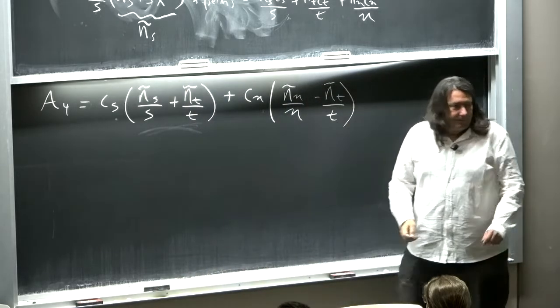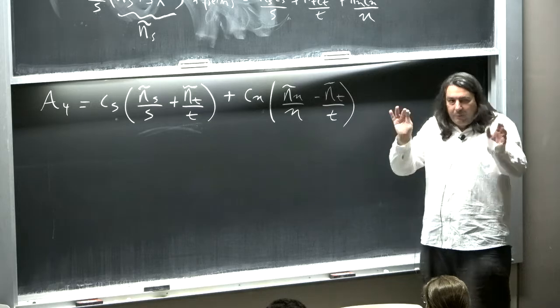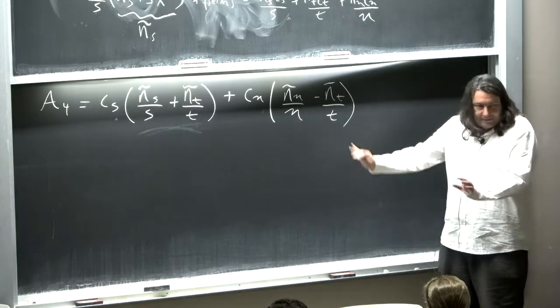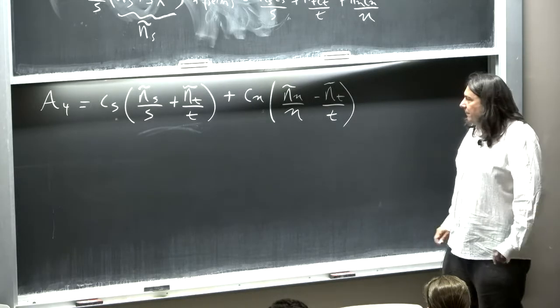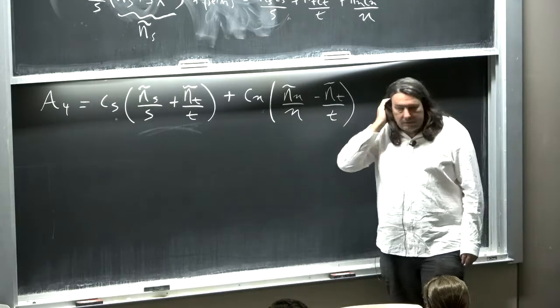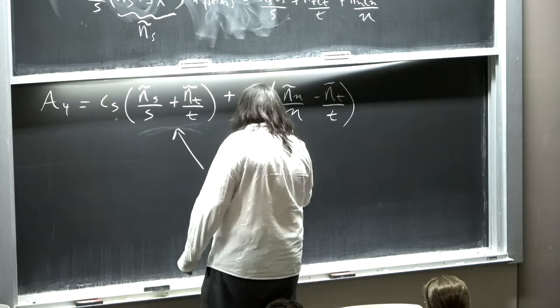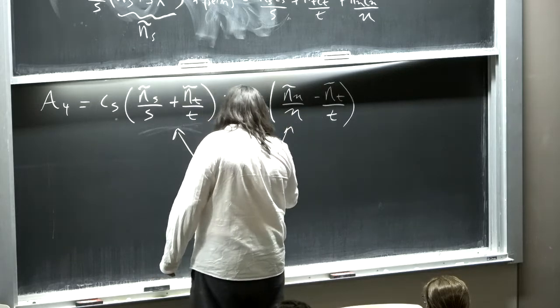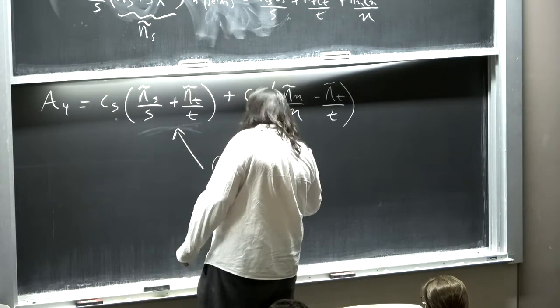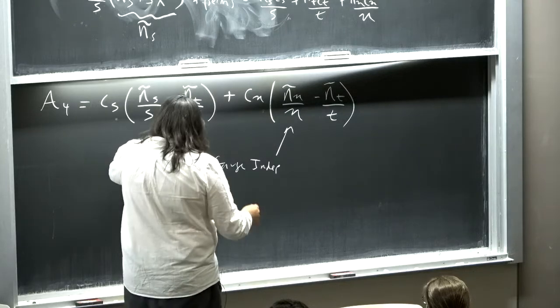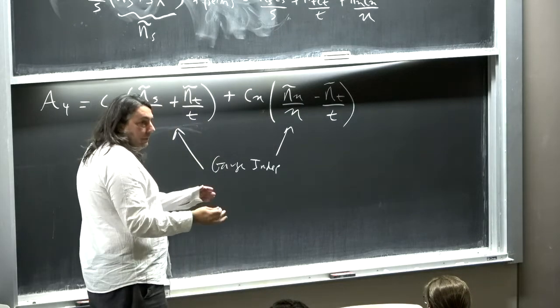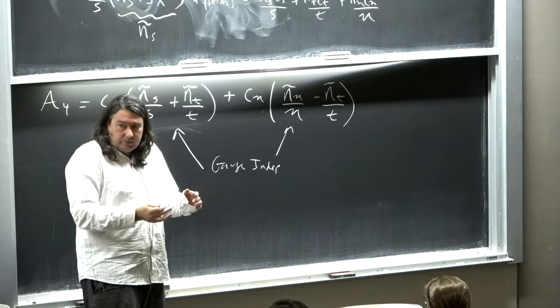Yeah, good question. I wasn't going back to dropping my contact terms. I just got lazy. So these are gauge independent, and this is what amplitudes people call color-stripped or color-ordered amplitudes.